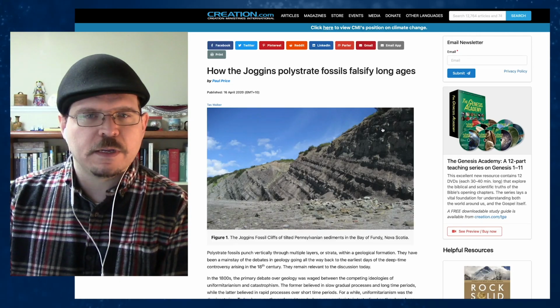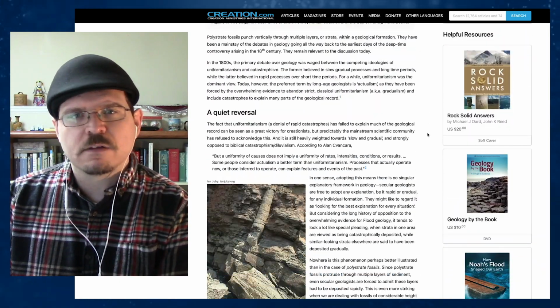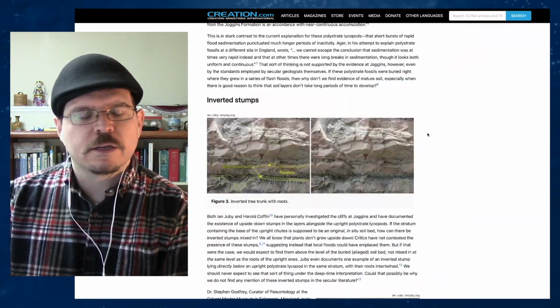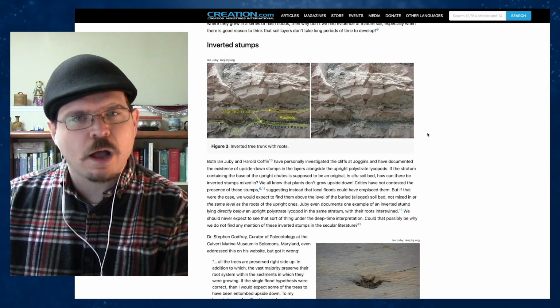So as a critical thinking person, as a detective, we need to look back and look at the overall scope of the evidence. What is the best explanation for what we see? In Joggins, there's a lot of amazingly interesting evidence that Ian Juby particularly has taken photos of, and you can see them again at creation.com/Joggins.